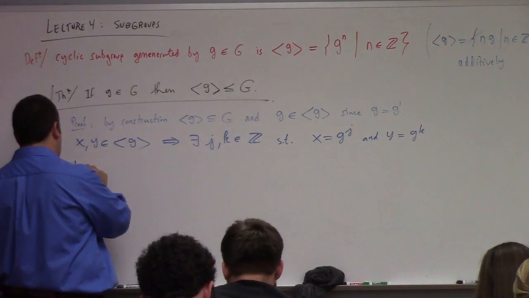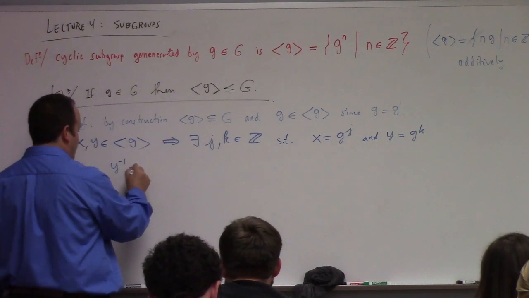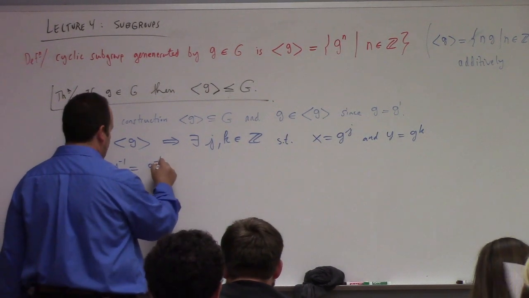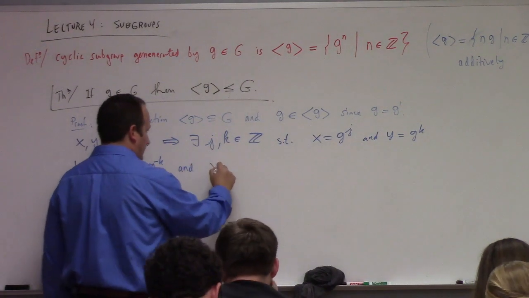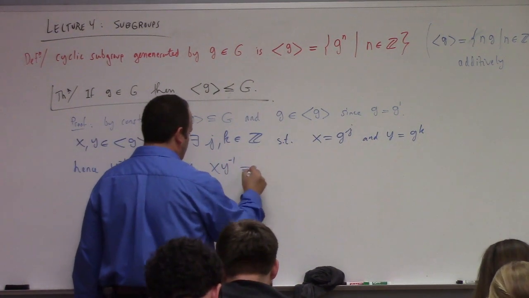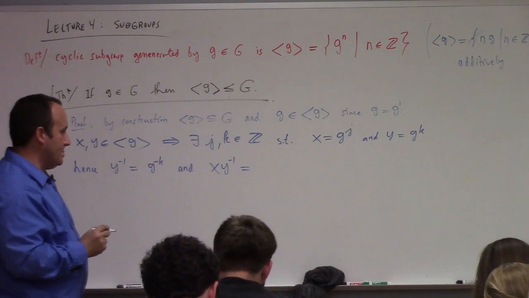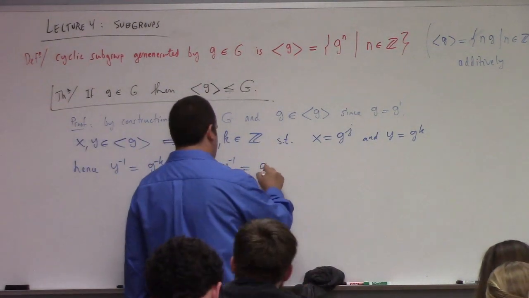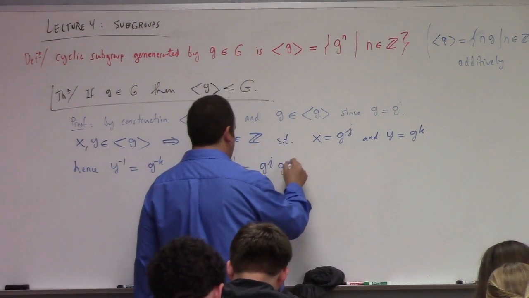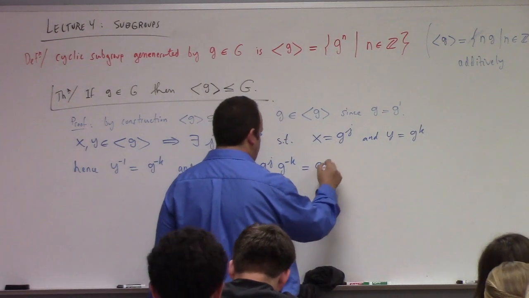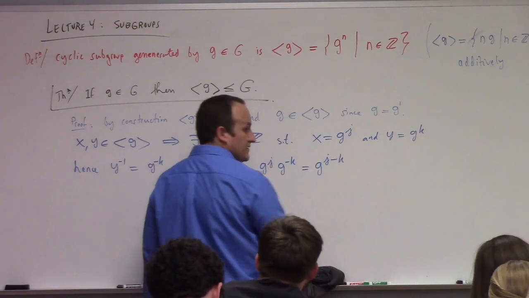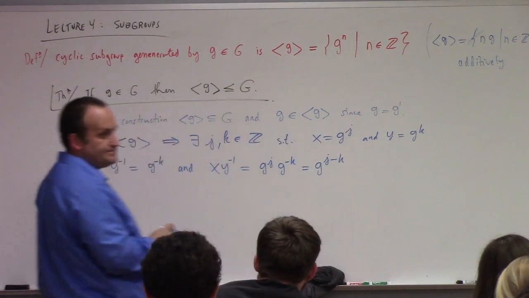Hence y inverse is equal to g to the minus k, and x y inverse is equal to what? g to the j times g to the minus k, also known as g to the j minus k, which is an element of what?